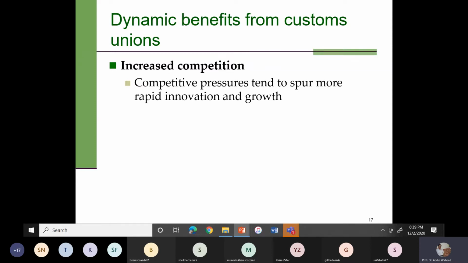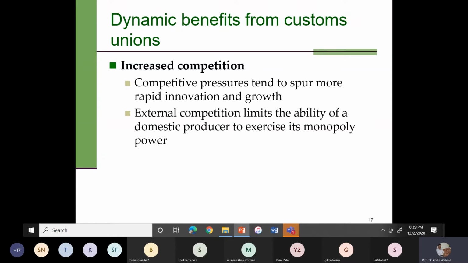And when there is increased competition, it will spur more rapid innovation and growth. And because of this external competition, domestic monopoly power will no longer exist.